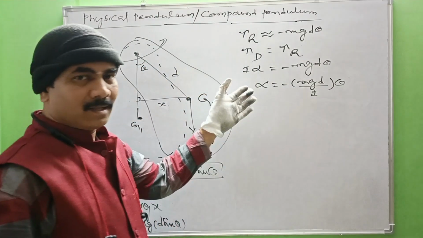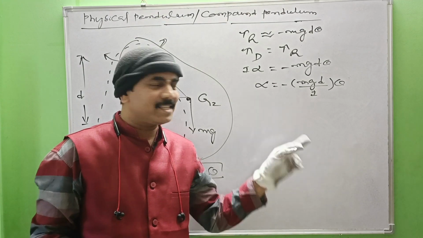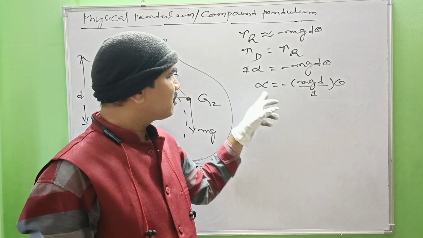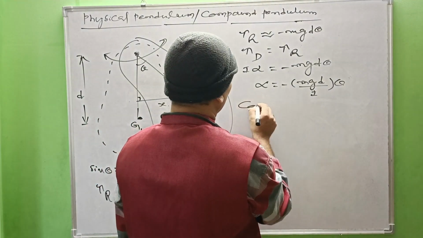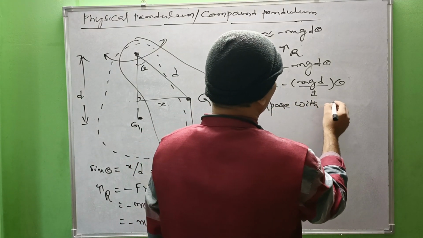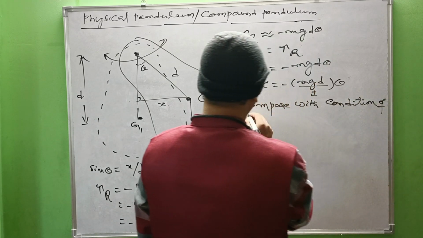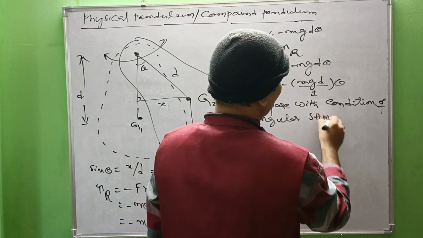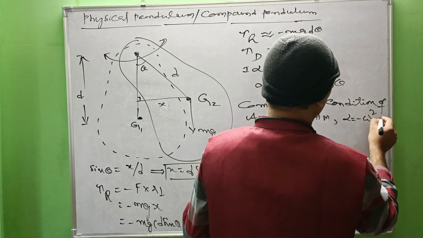This is the condition of angular SHM. It's not linear SHM. In linear SHM, a equals minus omega square into x, but here it is alpha equals minus omega square into theta. So compare with the condition of angular SHM, alpha equals minus omega square into theta.